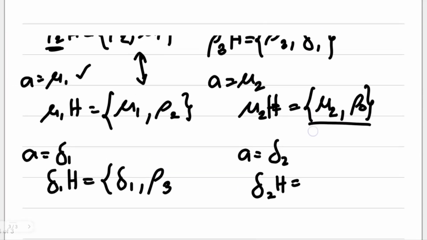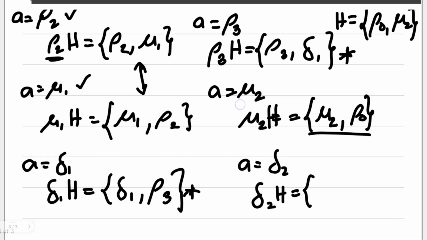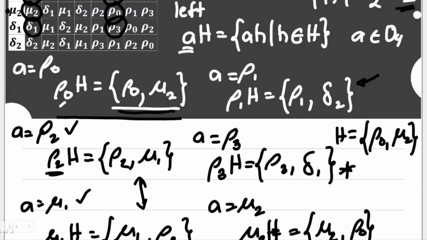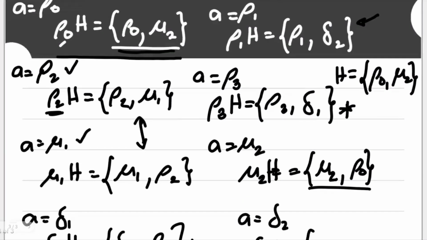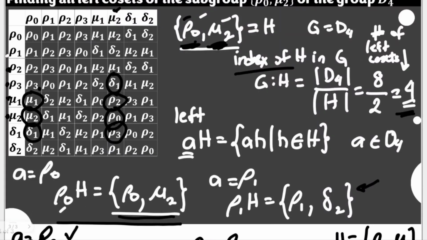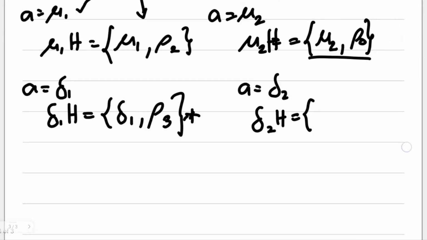And this is actually similar to this one here. We have rho sub 3 and delta sub 1 just rearranged. And again, for the last one, this would be similar to this one here. That's the remaining coset that was not paired yet. So delta sub 2 and rho sub 0 is delta sub 2. Delta sub 2 and mu sub 2 is rho sub 1. So delta sub 2, rho sub 1, we have the same.